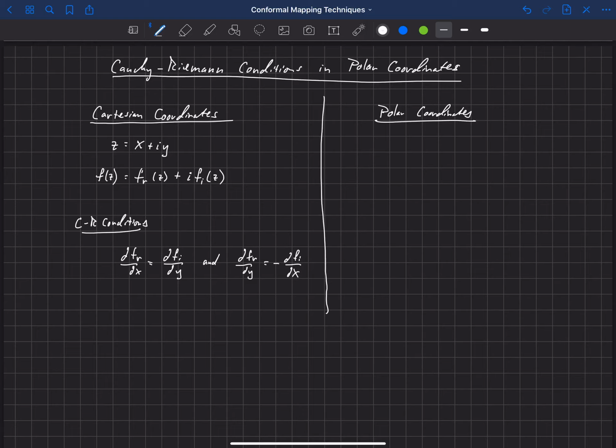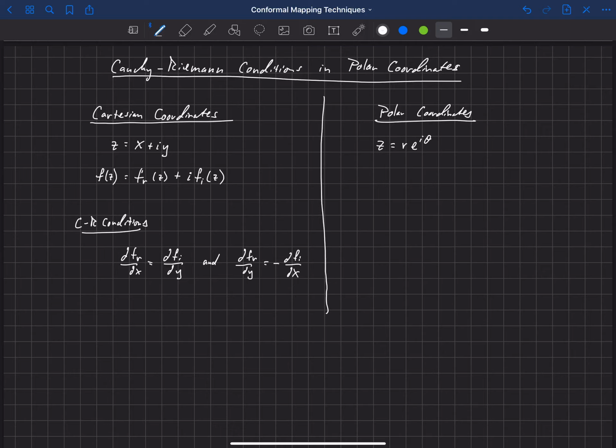Okay, so in Cartesian coordinates, we have this complex variable z. In polar coordinates, we write that in terms of r and theta, and that is defined as r e to the i theta. Okay, so that's our complex variable.